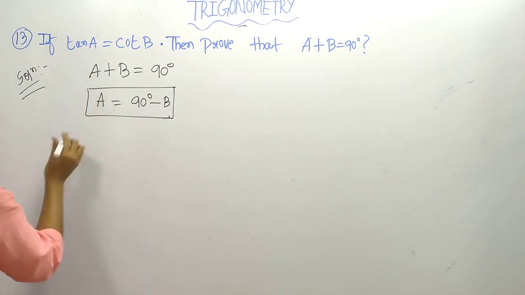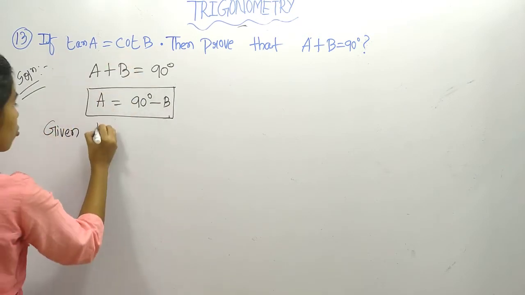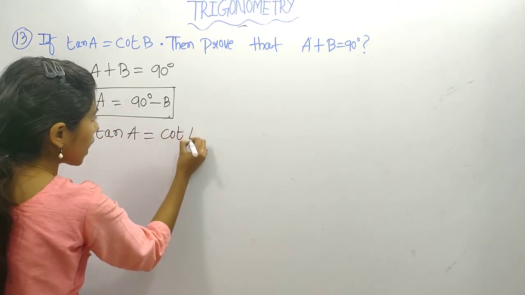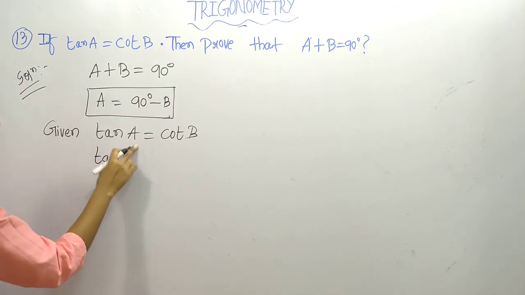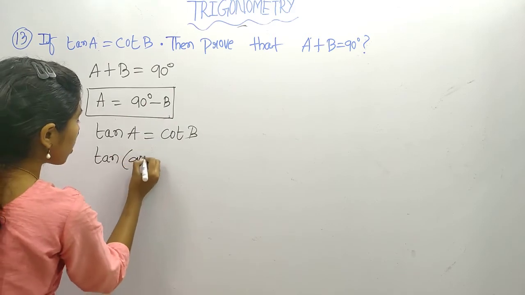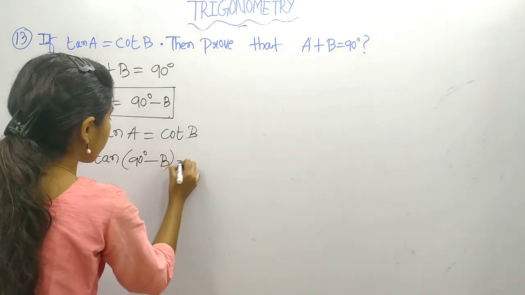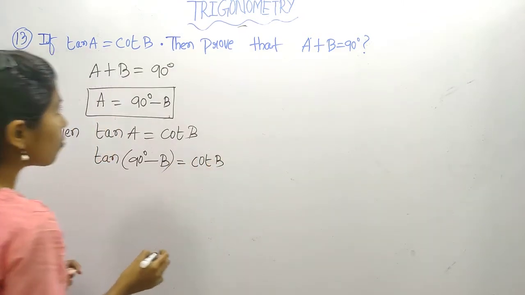So first write the given, tan A equals cot B. Instead of A, we write 90 degrees minus B. So tan of 90 degrees minus B equals cot B. So, over.